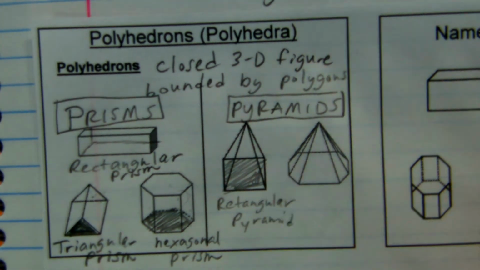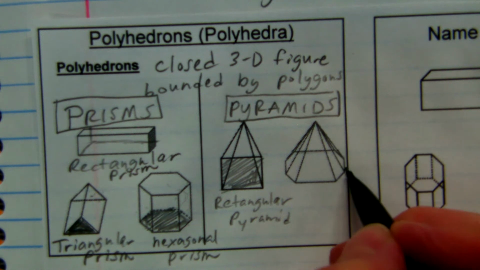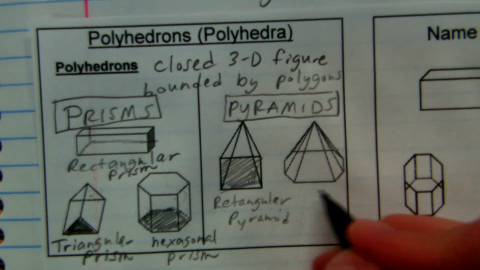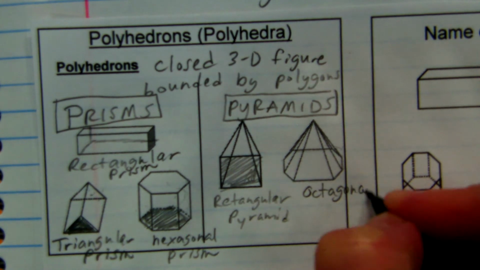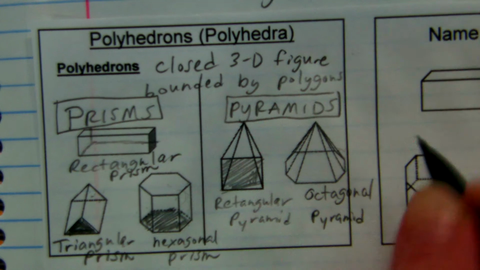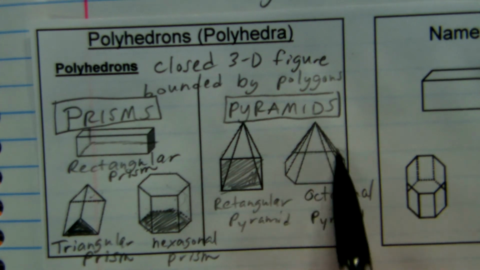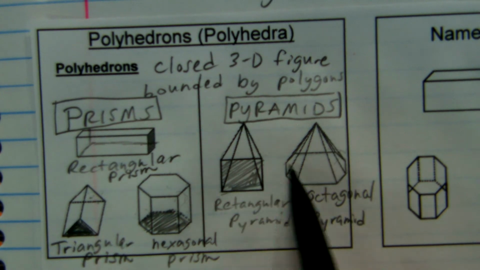And then this one, we can count the sides. 1, 2, 3, 4, 5, 6, 7, 8. So the base is an octagon, so we're going to call that an octagonal pyramid. And what's different on these is the lateral sides, which are the sides that kind of make up everything that's not the base, are all triangles.